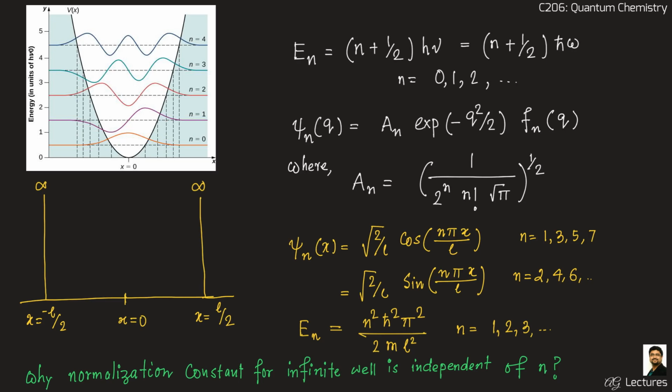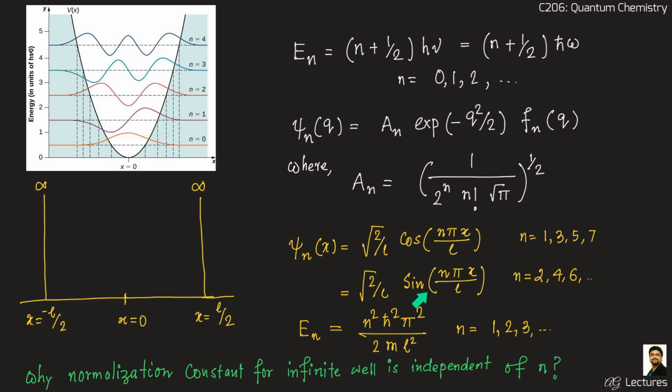The solution is as follows. If you look at this part of the wave function, without looking into the normalization constant, it is purely oscillatory. A cosine function oscillates between +1 and -1, and the sine function as well. So as n goes from 1 all the way to infinity, the functional part of the wave function and its associated amplitude does not increase with n.